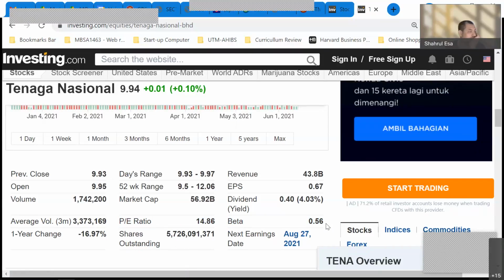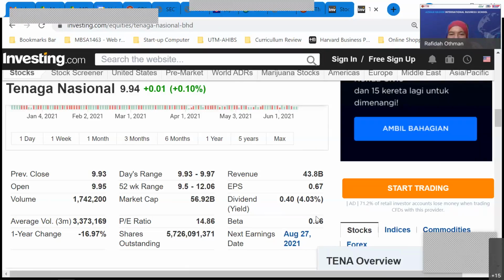If it is less than 1, the return will be lower than the market return.